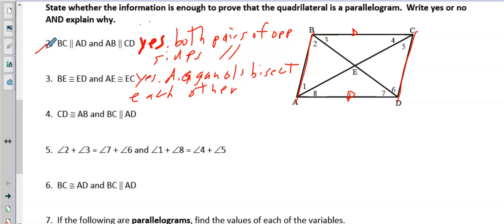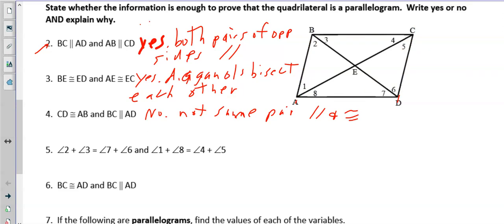So this is a no. It needs to be the same pair that are parallel and congruent. If I would have marked these two parallel after marking them congruent, that would have worked. But it can't be one of each.